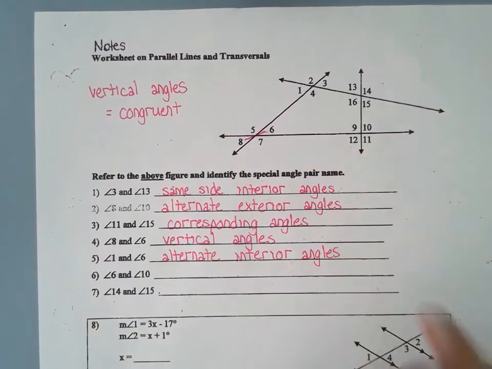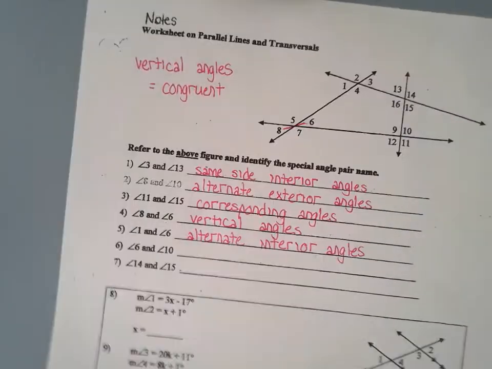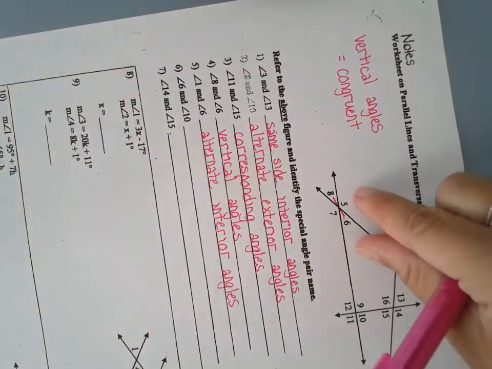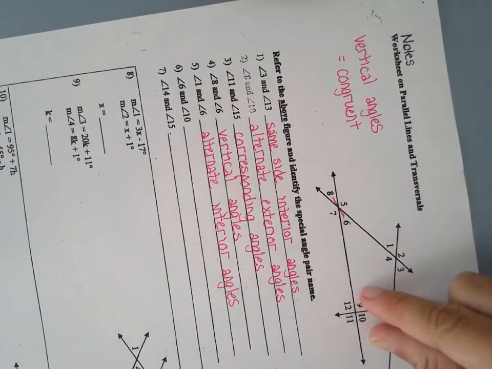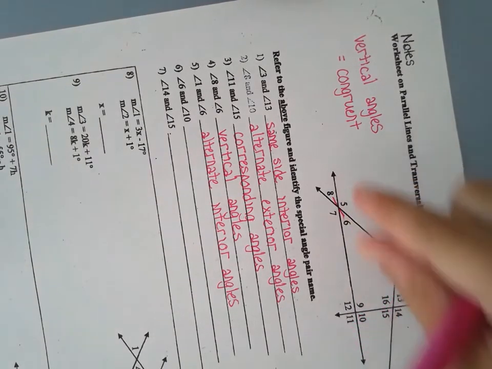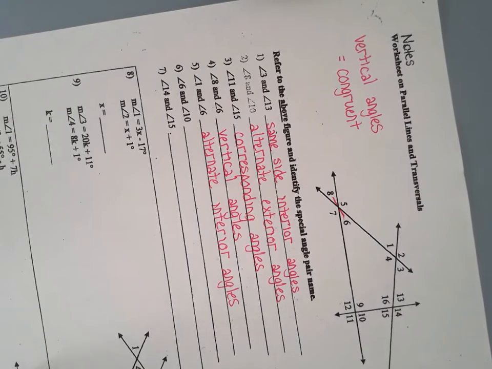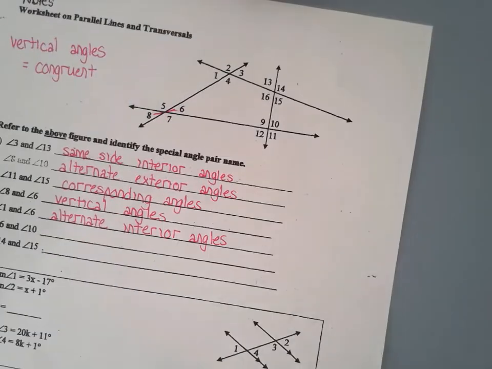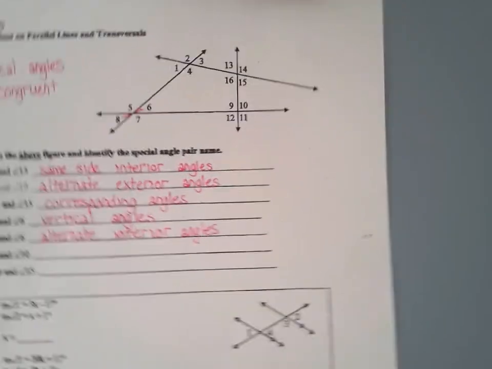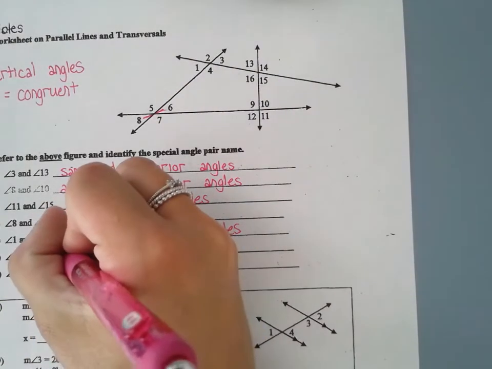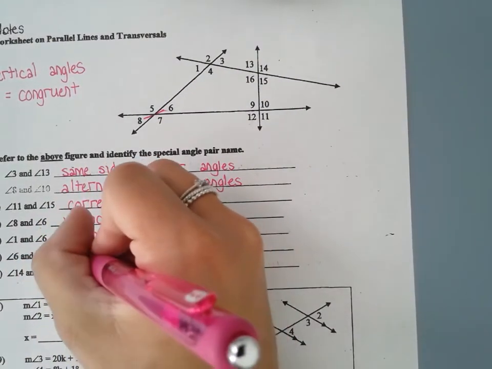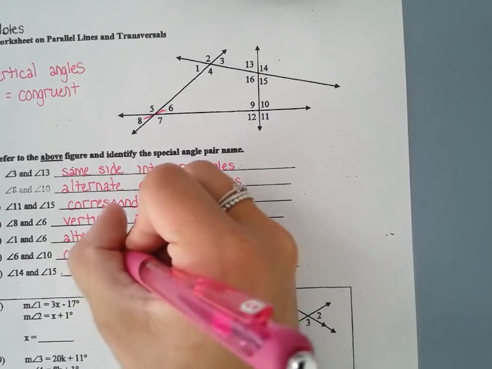If I were to turn my paper sideways, angle 6 matches up with what we see down here. So angle 6 and angle 10 are corresponding angles. It's really tough when we have so many sets of parallel lines and we need to turn our paper different ways to see our shape different ways.